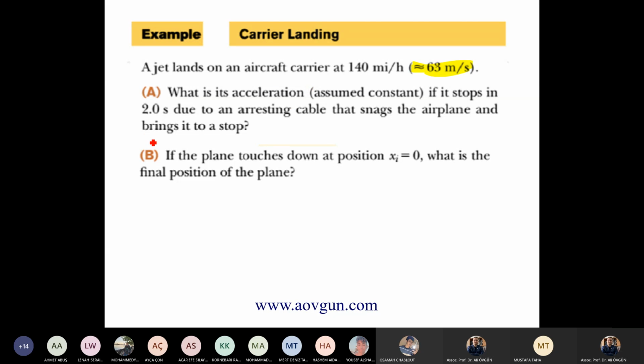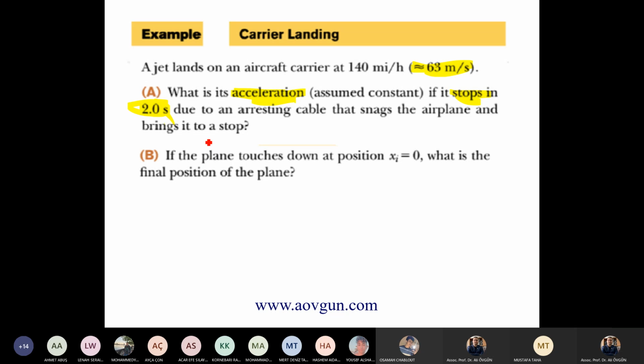What is the acceleration, assumed constant, if it stops in 2 seconds due to the arresting cable that snags the airplane and brings it to a stop? So you are going to find acceleration A, and they give you the time, and they said that it stopped.